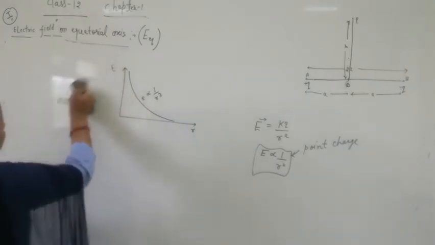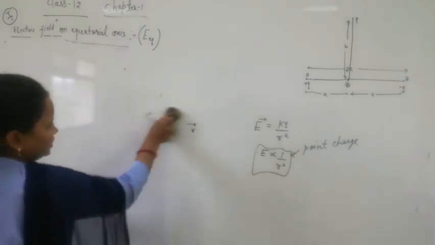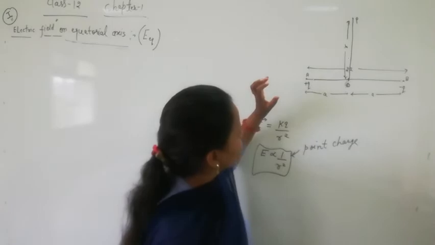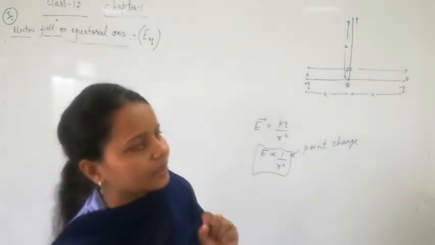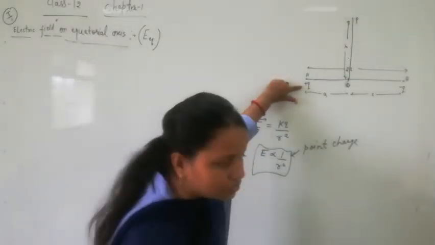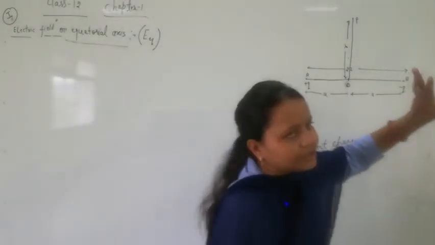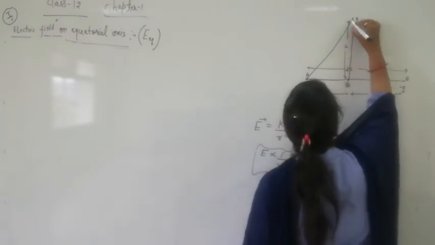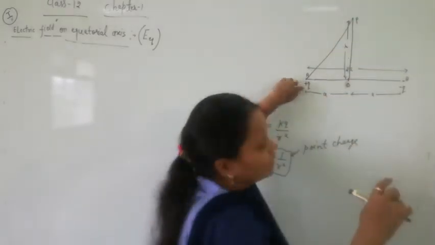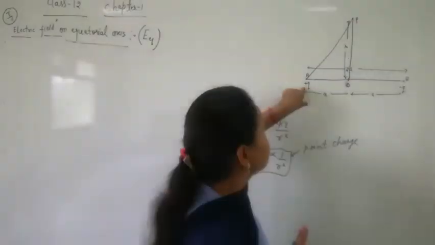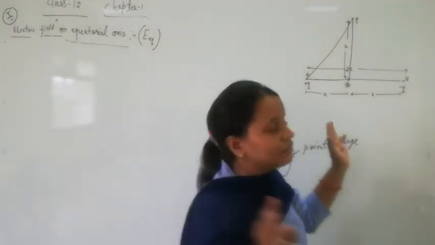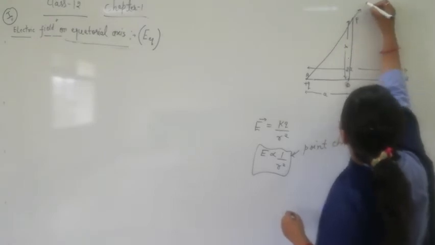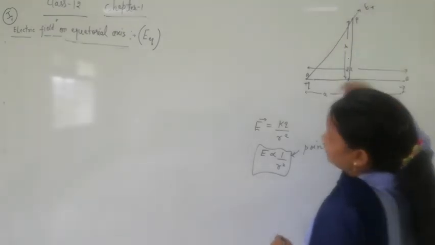The diagrammatical arrangement is here. In this diagram, we consider the direction of the resultant electric field due to the positive charge and the electric field due to the negative charge. Look at this. The electric field due to the positive charge is away from the positive charge, that means E plus vector.